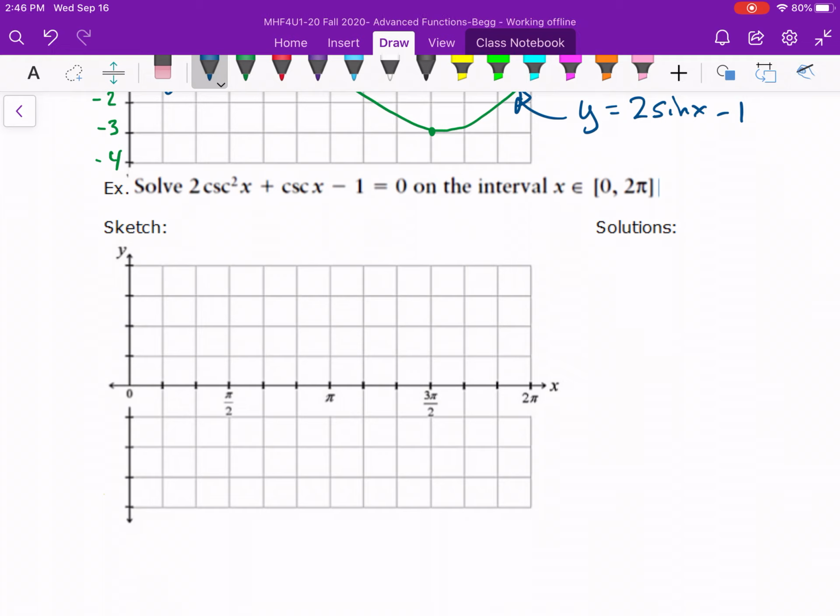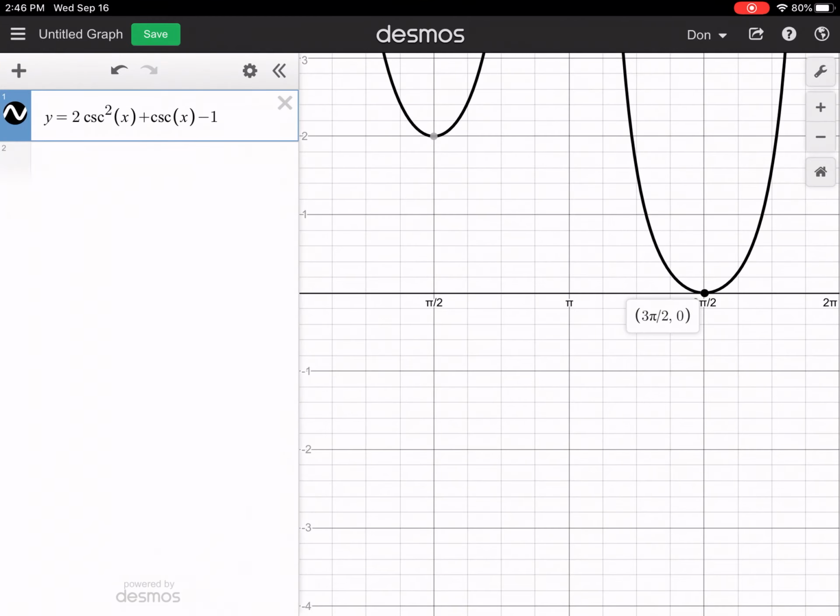So for my sketch, vertical asymptotes here. And the lowest that this one went was at 2.